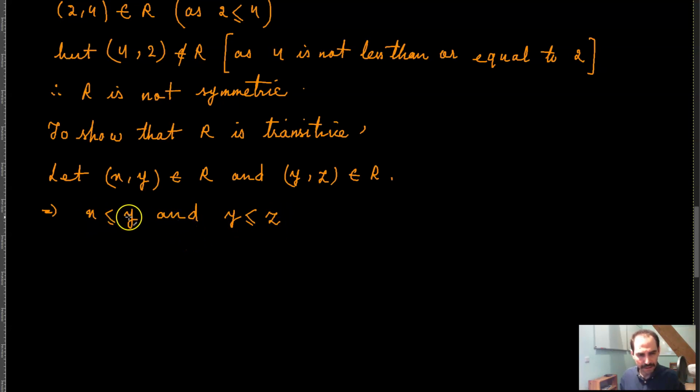So if x is less than or equal to y and y is less than or equal to z, that implies that x is less than or equal to z, which means that (x, z) does belong to R, which means that R is transitive.